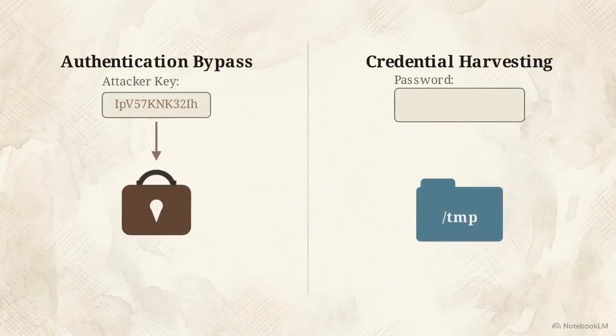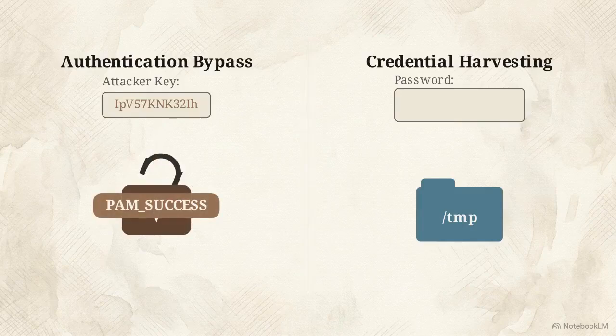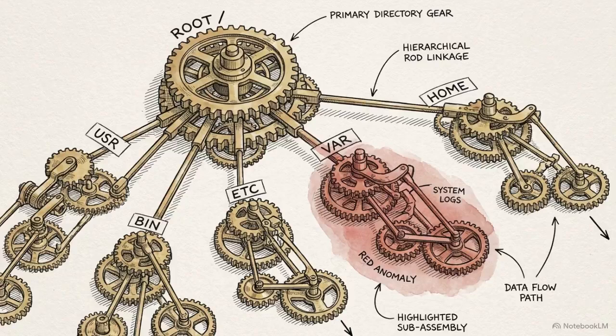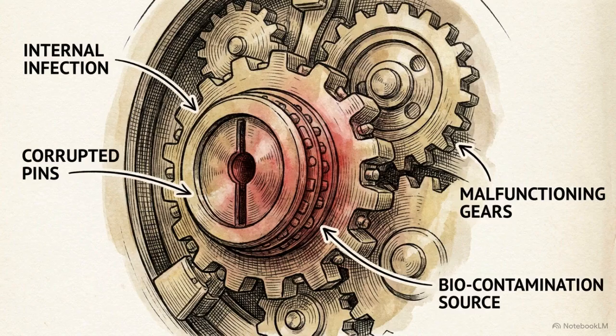These modules grant complete authentication bypass and silently harvest credentials from every legitimate user who logs in. Today, we are going to deconstruct how these implants integrate into the Linux architecture and how to hunt them using behavioral analysis. The network perimeter remains intact, but the internal locks have been replaced, rendering traditional security assumptions obsolete.